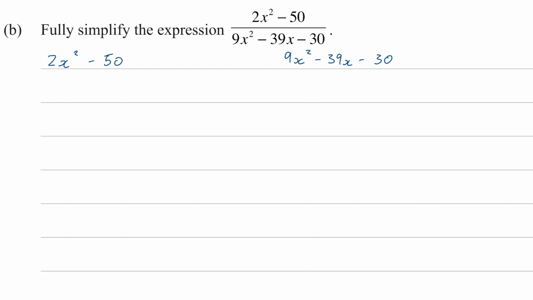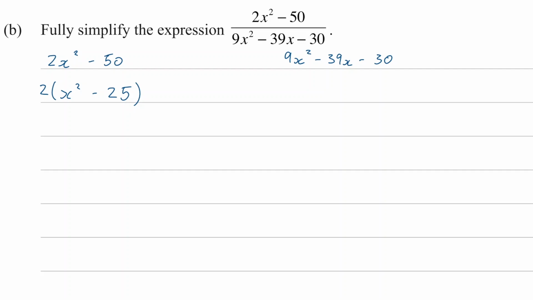If it was 1, we could factorize it just like we learnt last year and the year before, just getting our double brackets. So what we can do is pull out a factor of 2. Minus 50 is an even number, so that also has a factor of 2. So we're left with 2 times x squared minus 25.